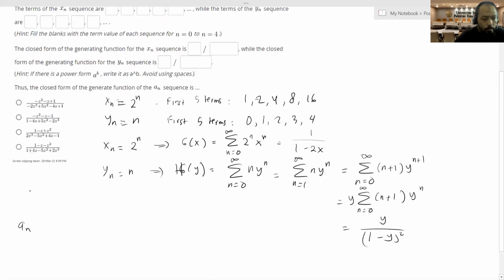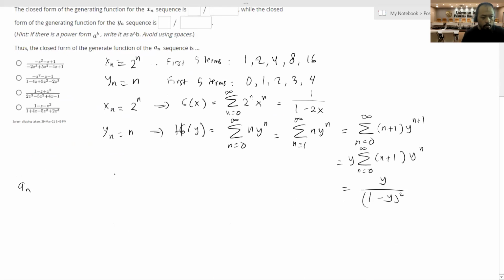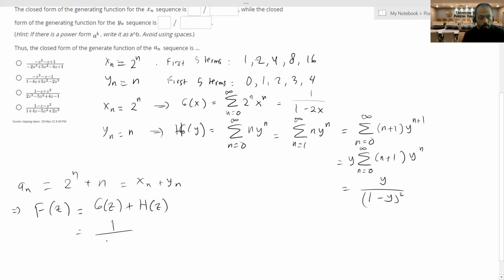Now a_n is equal to 2 to the power of n plus n, or x_n plus y_n. So therefore the generating function is f(z), equal to the sum of g(z) and h(z), which is 1 over 1 minus 2z plus z over 1 minus z squared.